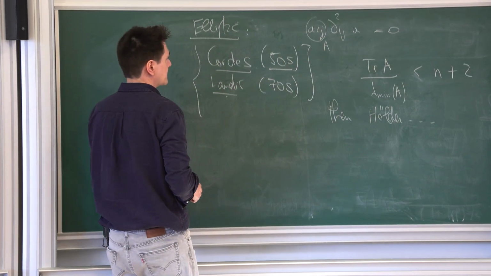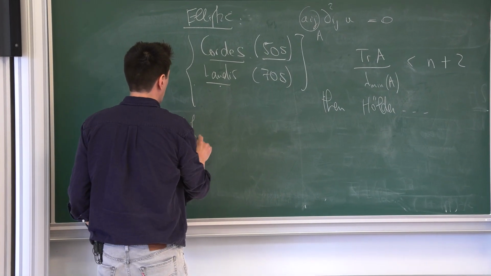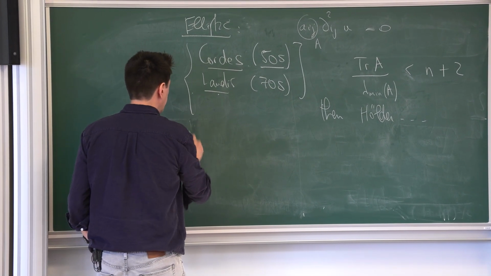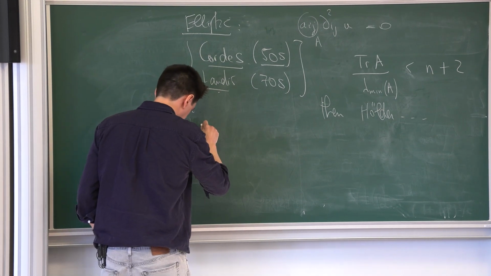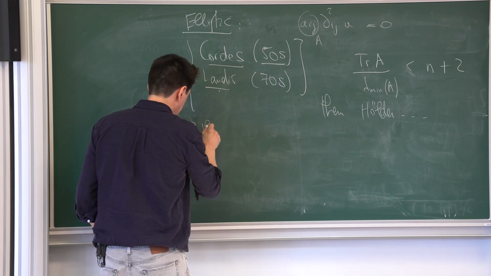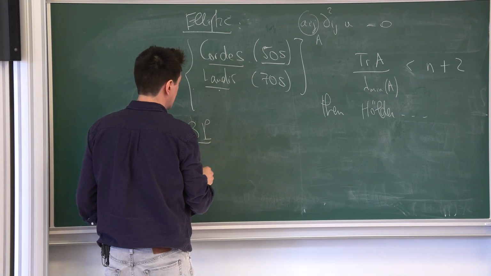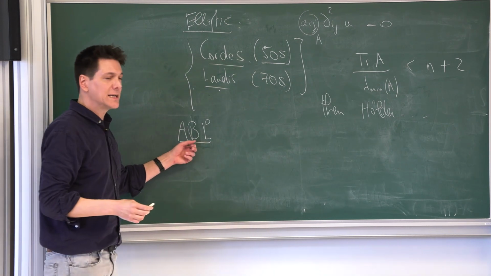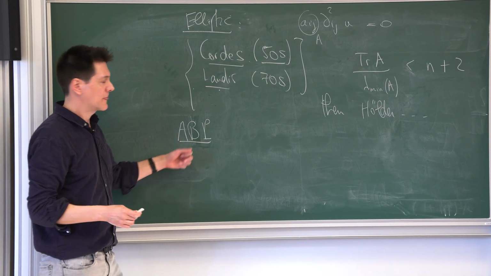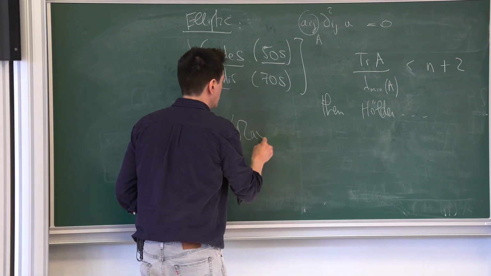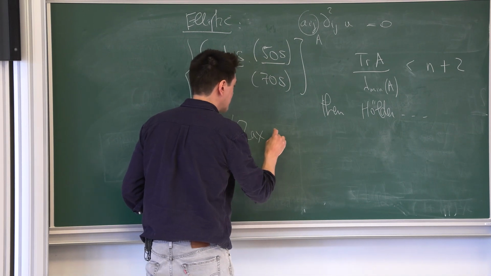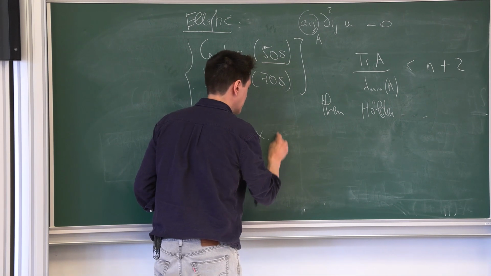Now, the big step forward is the ABP. Yes, the ABP estimate, which is the improved maximum principle. Either you see it as the original maximum principle of Alexandrov.